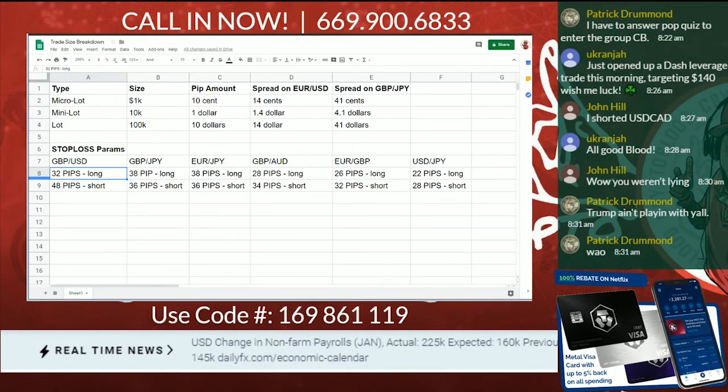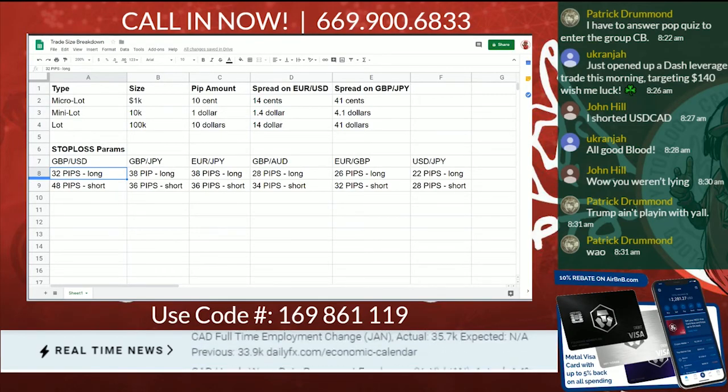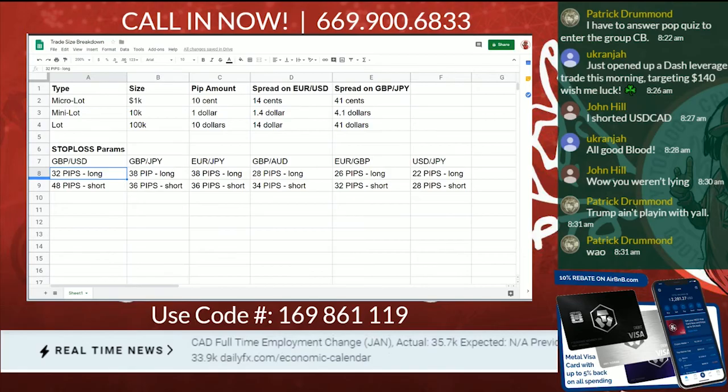That's 184 pips, to be exact, that you have an exposure if you had all 6 trades on the table. Just hypothetically saying all longs. And most likely it wouldn't be all longs just because of the type of pairs these are. Some of those are kind of opposite of each other. But 184 pips in risk.